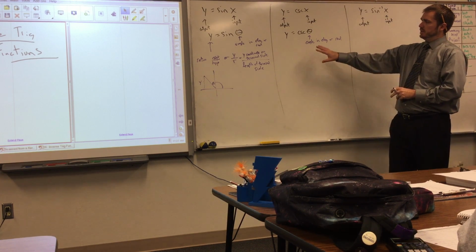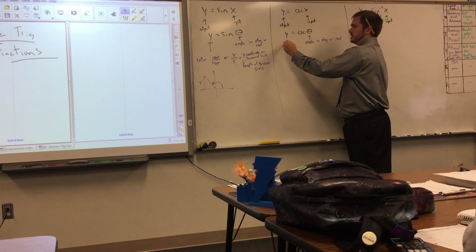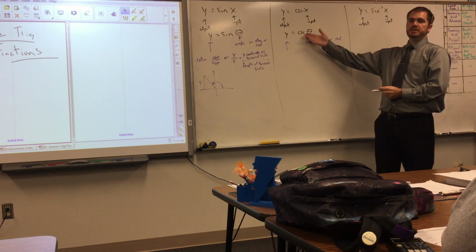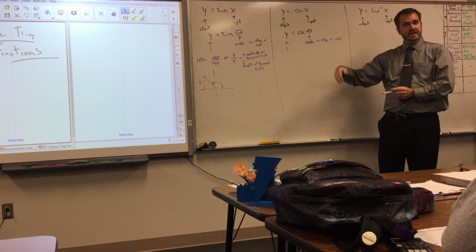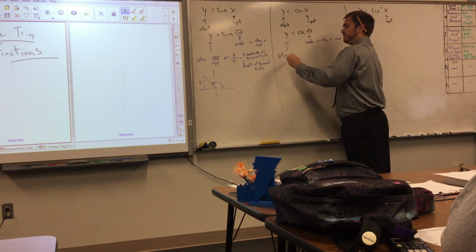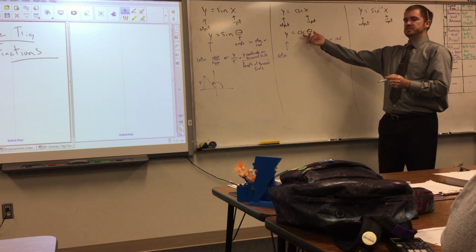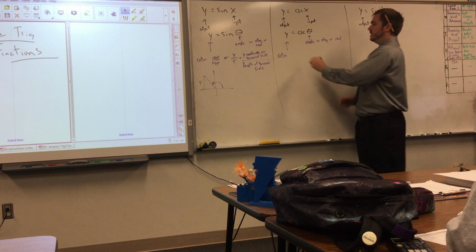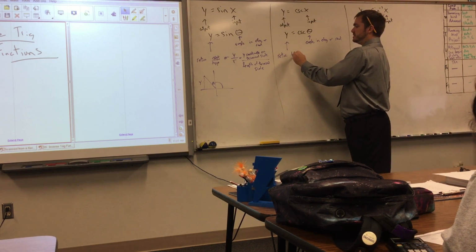Okay, let's discuss those same things over here with cosecant. If y equals cosecant theta, that is also a ratio. Would somebody new tell me what is the cosecant of theta give you the ratio of? R over y. Also hypotenuse over opposite.